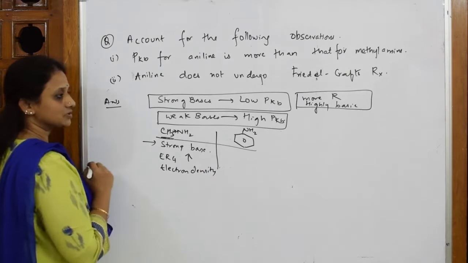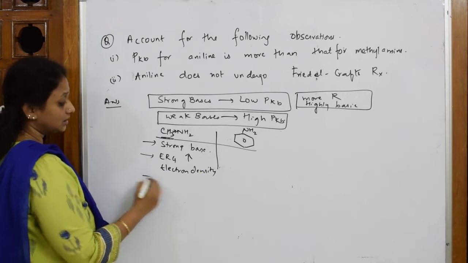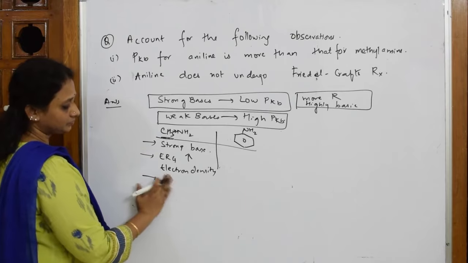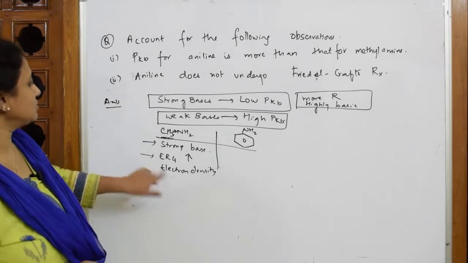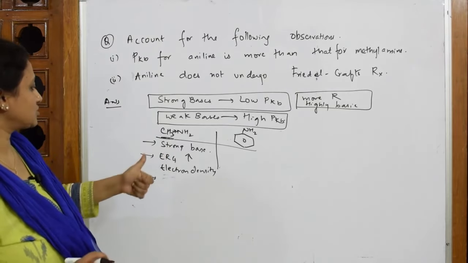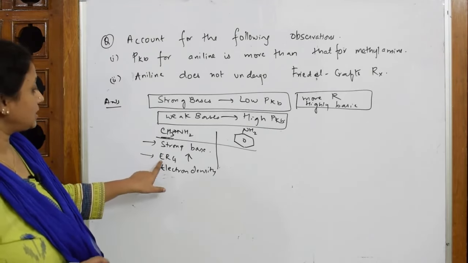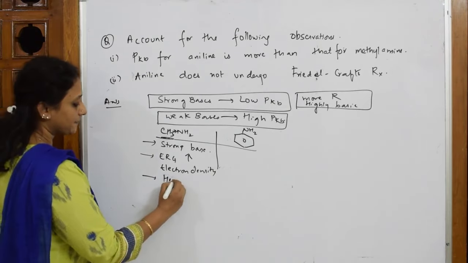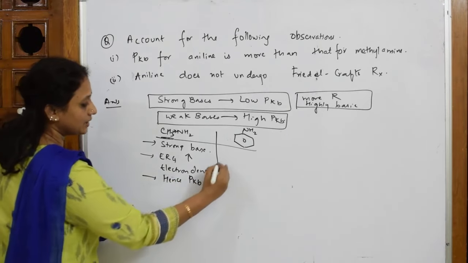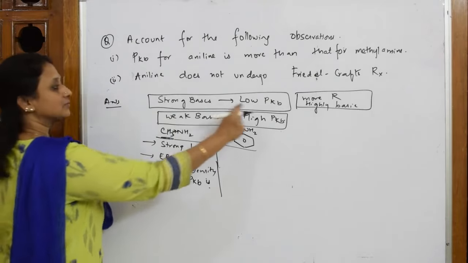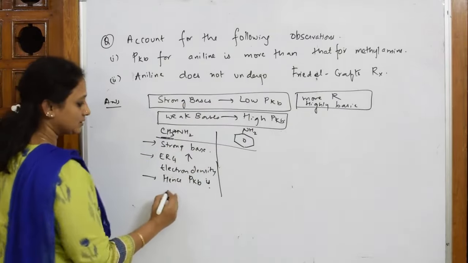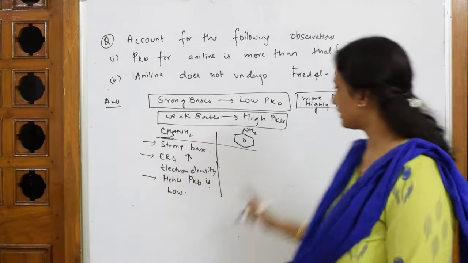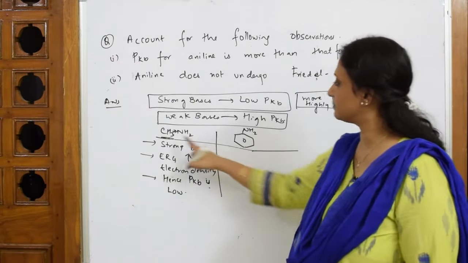So this is your first concept. Right, strong base, yes. Why a strong base? Because when the electron releasing group increases electron density, pKb will be, as I said, low for strong bases. Simple. Let's come back. In the case of aniline, what are you observing compared to this?